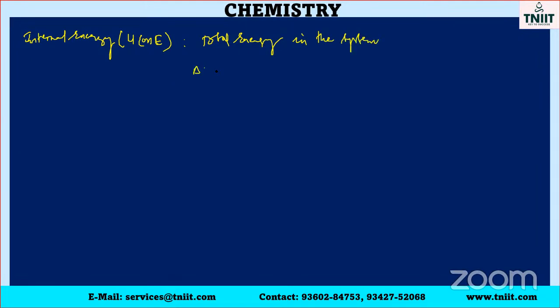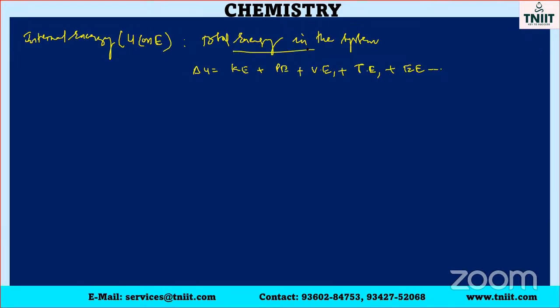This internal energy is the sum of kinetic energy, potential energy, vibrational energy, translational energy, electronic energy, all this. So the sum of all the energies will be called internal energy. Simply, it is defined as energy stored in a system.